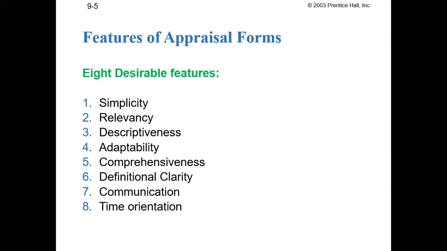So this will enhance acceptance by the employees. And also time orientation. A good form would help clarify expectations about performance. They address not only the past, but also the future. So it shouldn't only be for today. We know that appraisals look at the now and the future. So that is how it should be captured in terms of time.